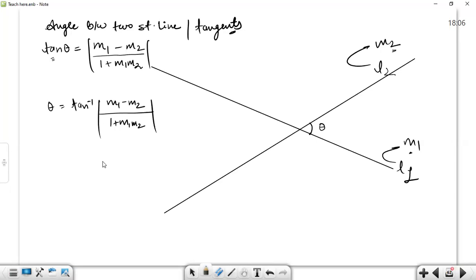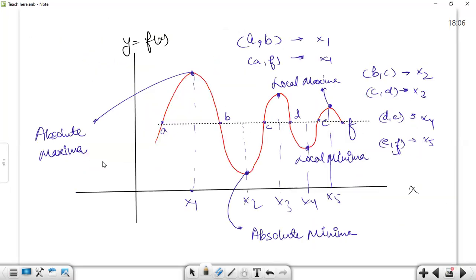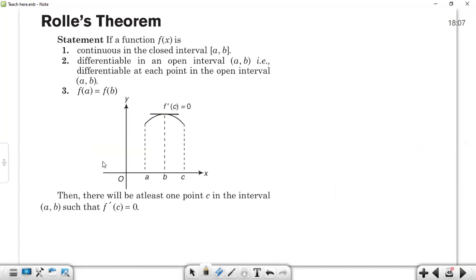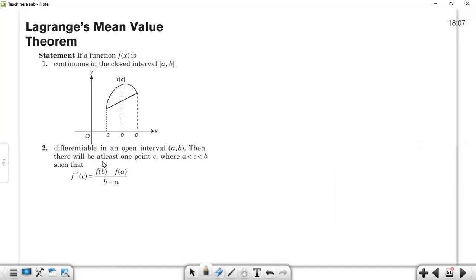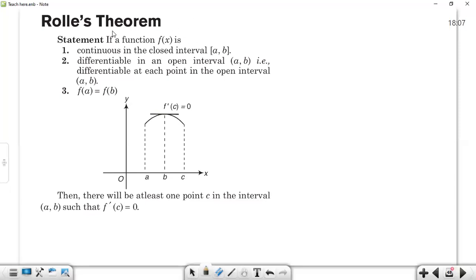Okay, so going back. Here is Rolle's theorem and here is Lagrange's theorem. Let's discuss Rolle's theorem. It's very simple.